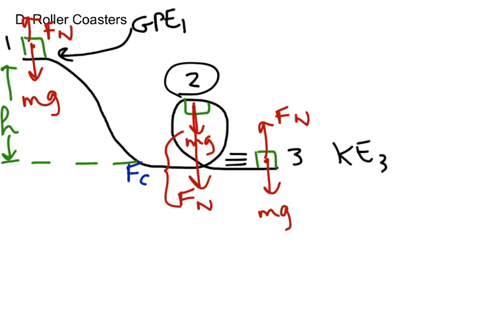Well, the cart is some height above the ground, but it's also moving. So in case 2, we have a combination of gravitational potential energy plus kinetic energy. Conservation of mechanical energy says the total value in situation 1 is equal to the value at situation 2, and that's equal to the value in situation 3.